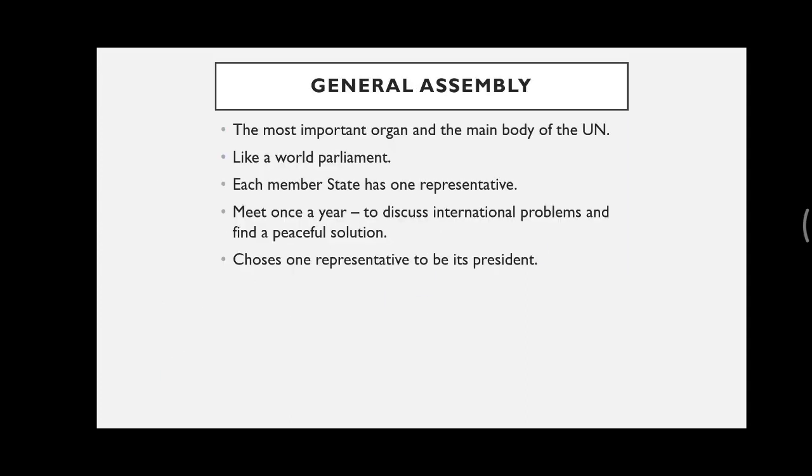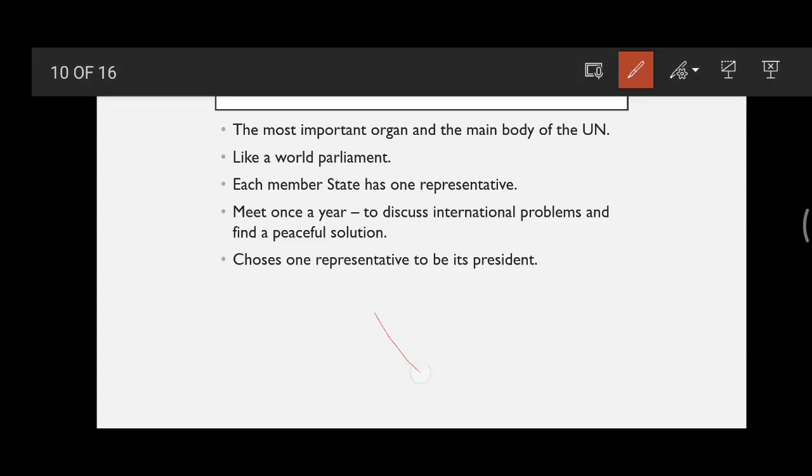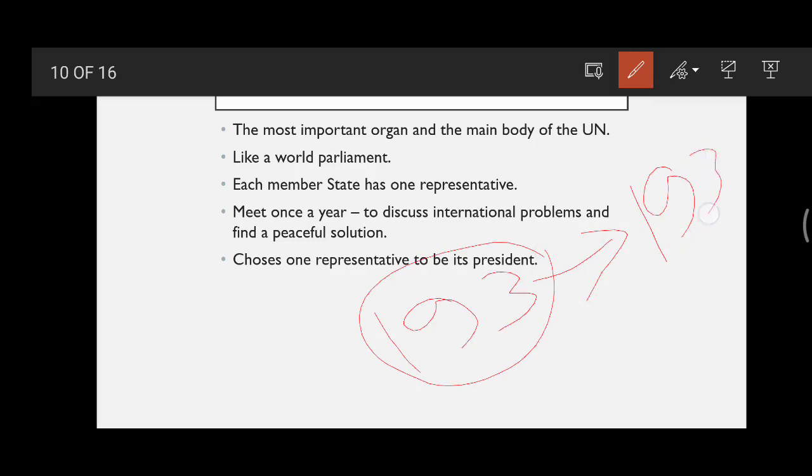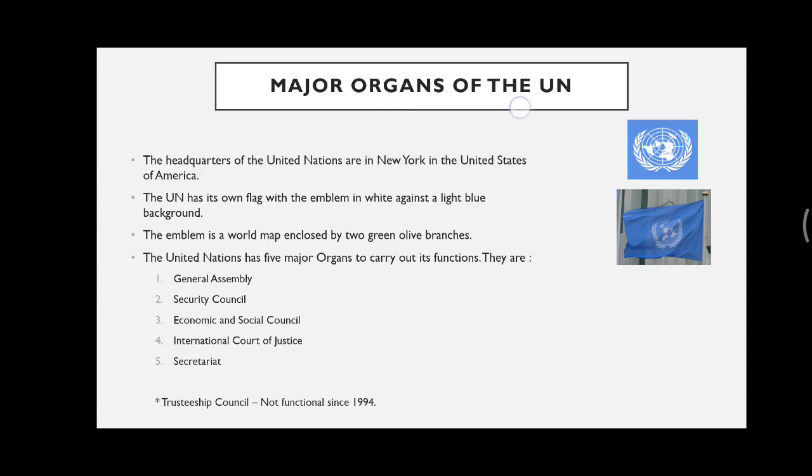It is the most important organ of the United Nations, and it is the main body, because you can relate it to a world parliament like situation, because every member country, there is a total of 193 member countries, and there is one representative for each of these countries. So approximately there are 193 members in this particular General Assembly.